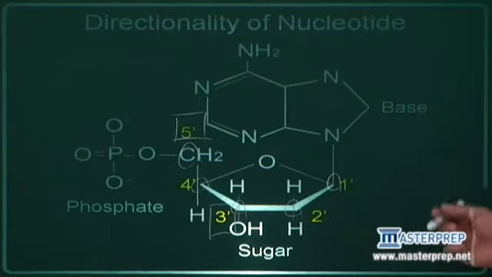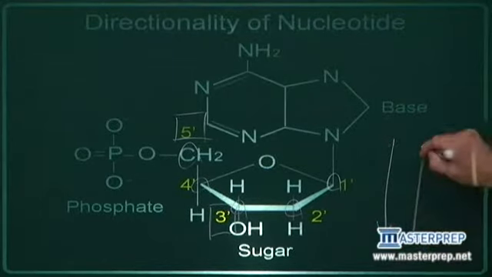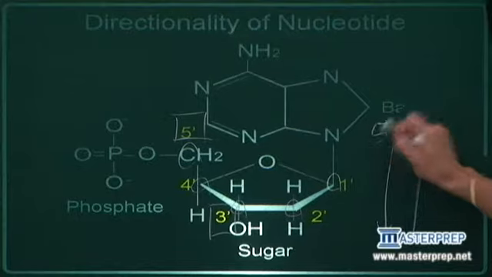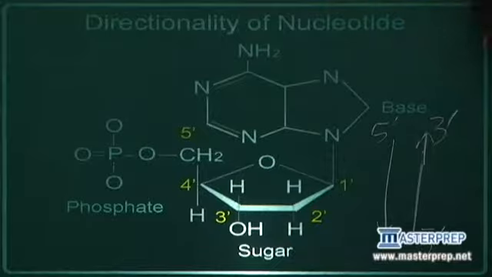So if you draw this anti-parallel double helix again, you usually indicate the directionality with an arrow. If this part is 5 prime, this part has to be 3 prime, and since it is anti-parallel, this part is 5 prime and here it is 3 prime.